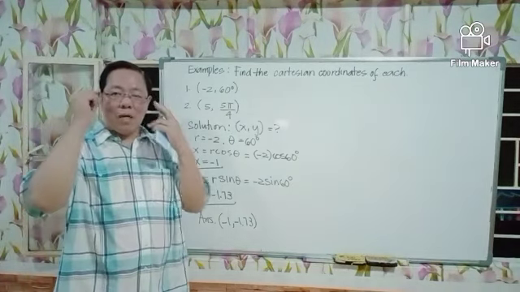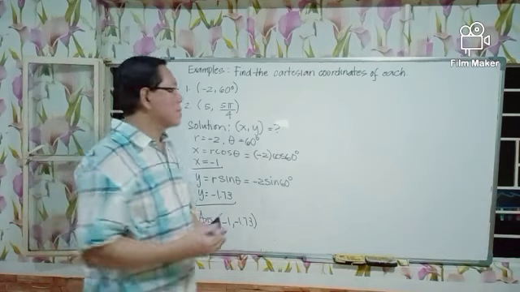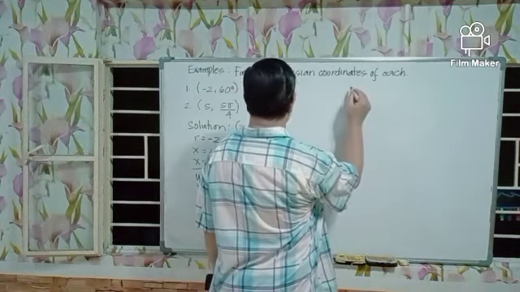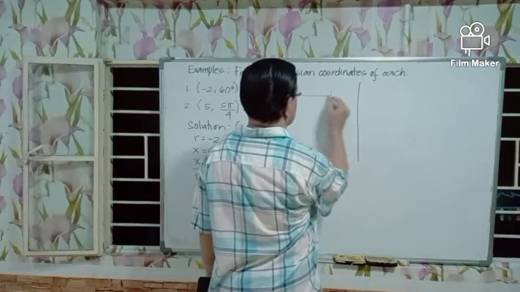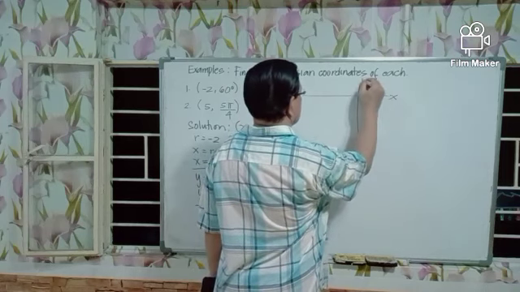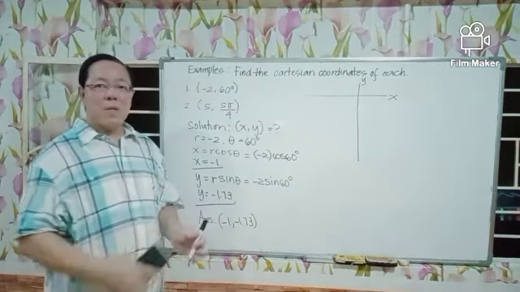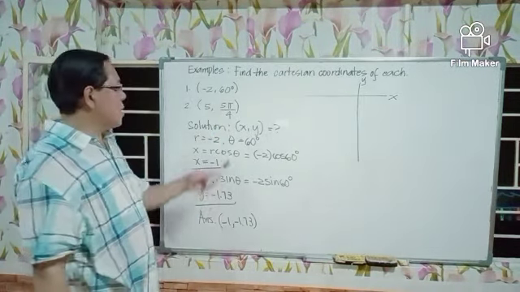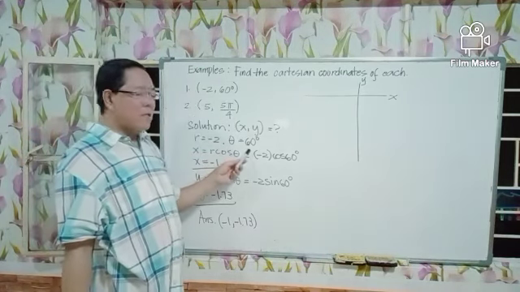Now we plot the point to see if our answers are correct. We plot the point with polar coordinates. R is negative 2 and theta is 60 degrees.